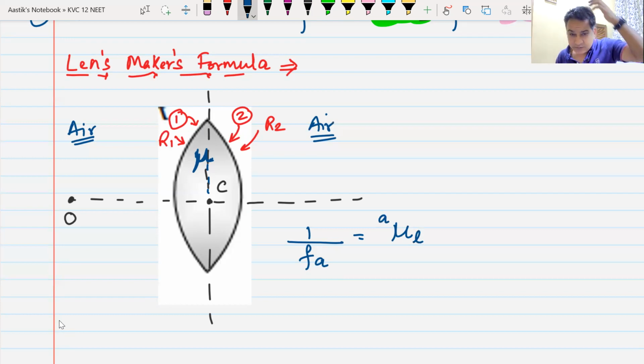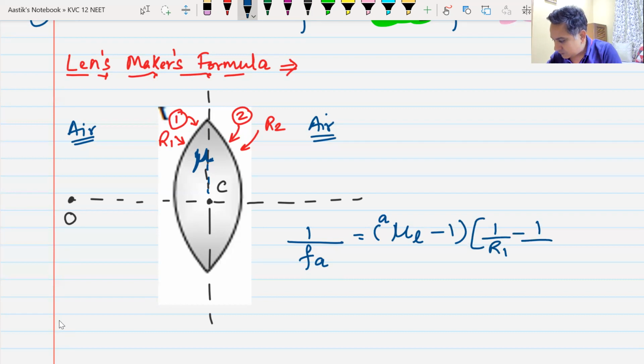Mu LA means refractive index of the lens with respect to air. R1 is the first surface, R2 is the second surface. Do we understand this?